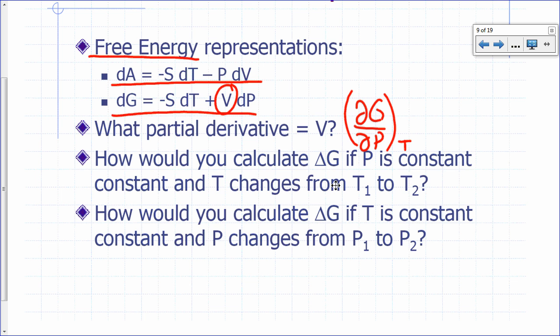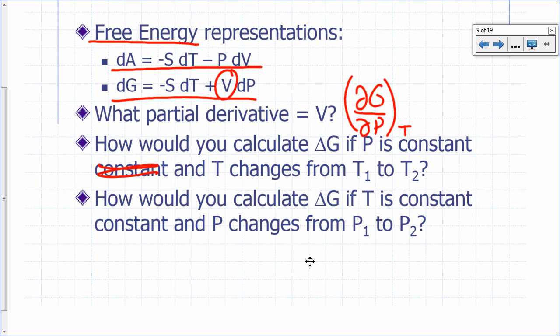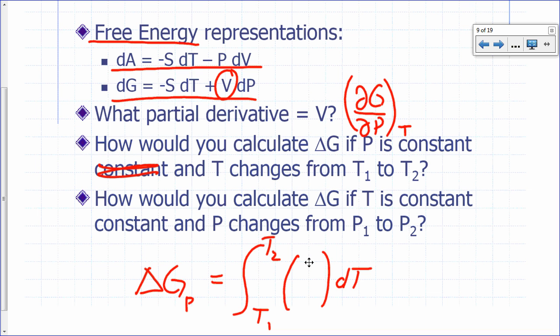Okay. Now, how would you calculate delta G if pressure is constant, okay, and T changes from T1 to T2? So delta G, holding pressure constant, you're changing temperature from T1 to T2, so dT, right? Integral dT, what partial derivative goes here?